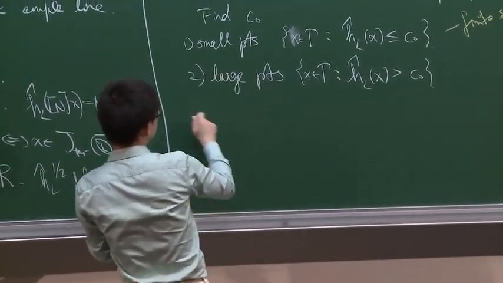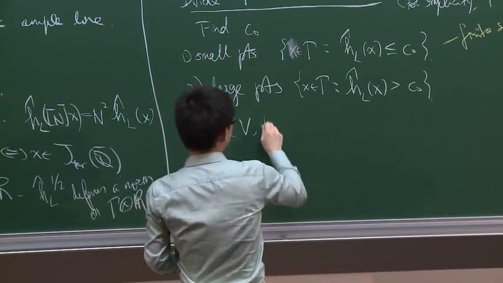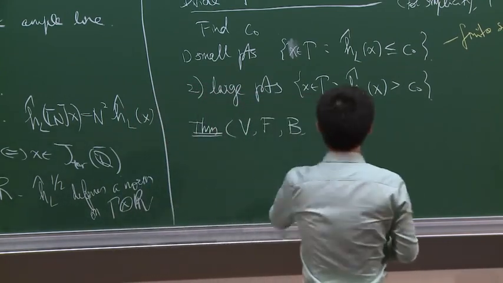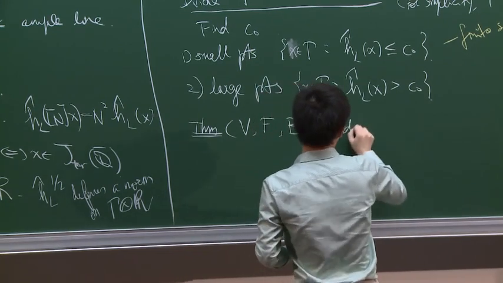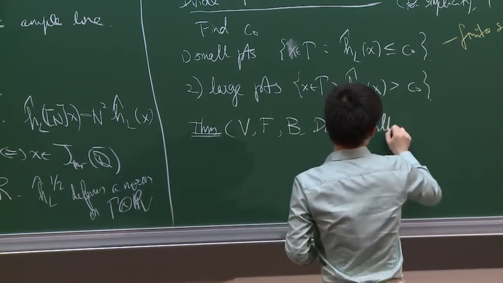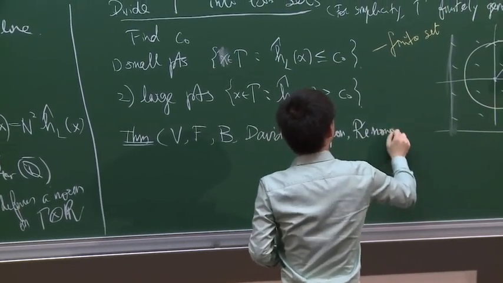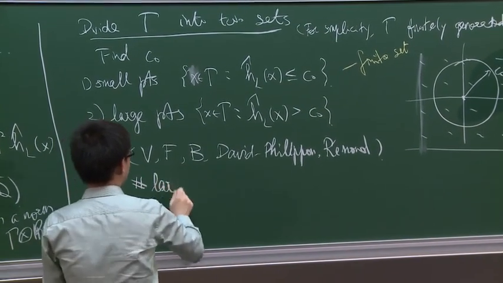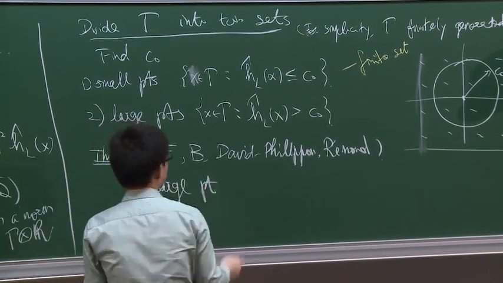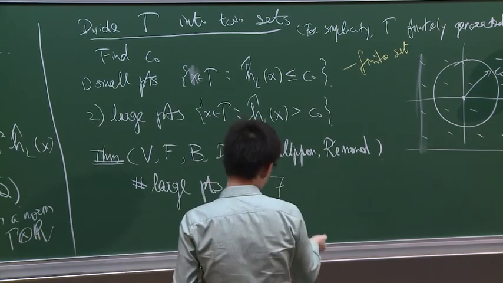So, theorem. This is Vojta, Faltings, Bombieri, and then it was later strengthened by David, Philippon and Rémond: the number of large points is uniformly bounded in terms of, I think it's 7.